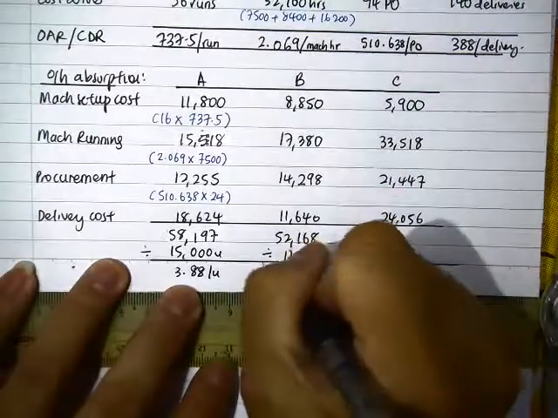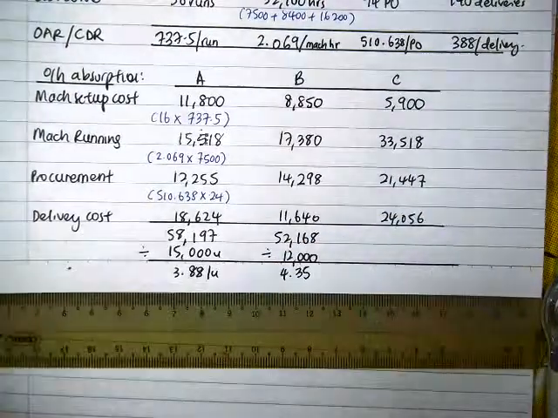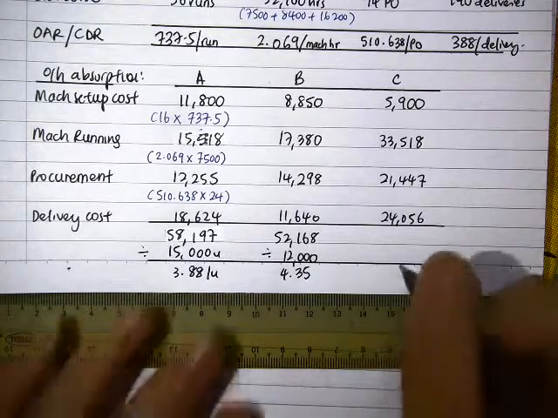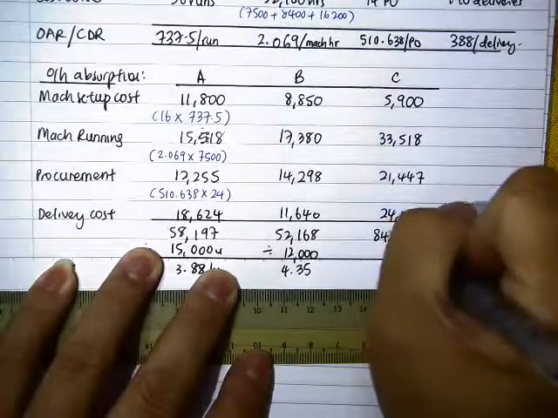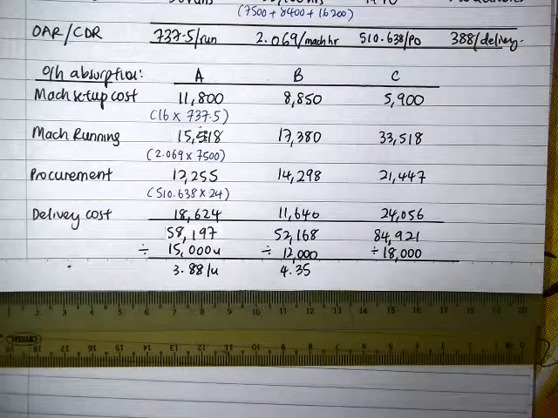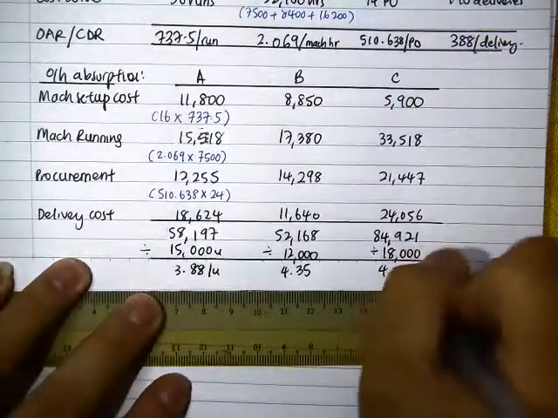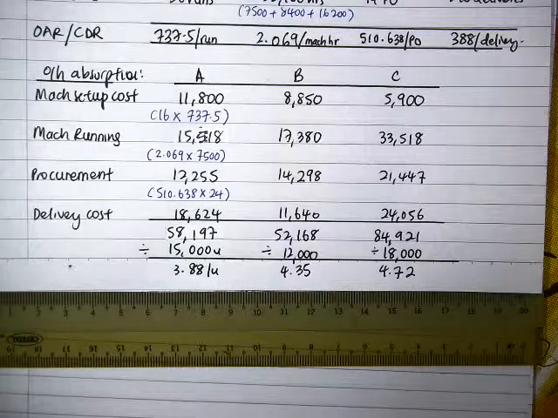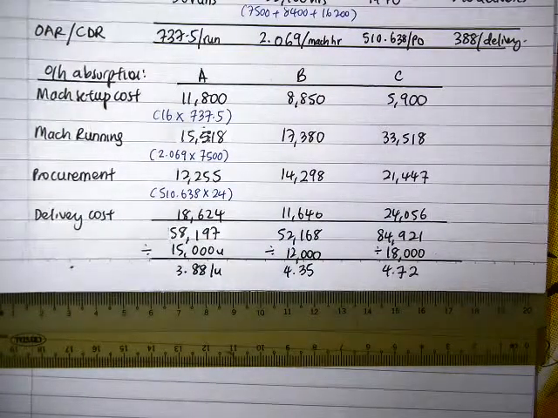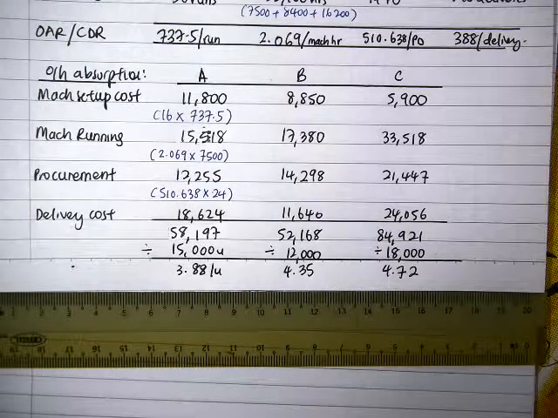That comes to 4.35 per unit. $84,921, and we produce 18,000 units. So that comes to 4.72 per unit. Okay, alright, now just go back and fill it in.